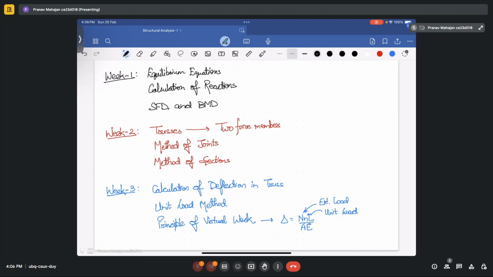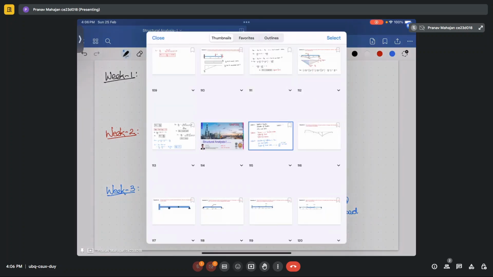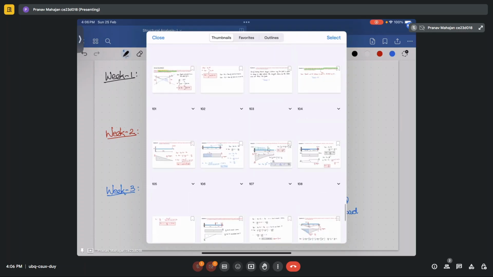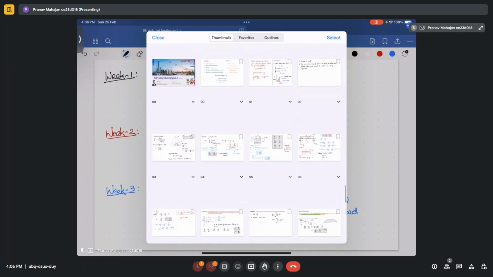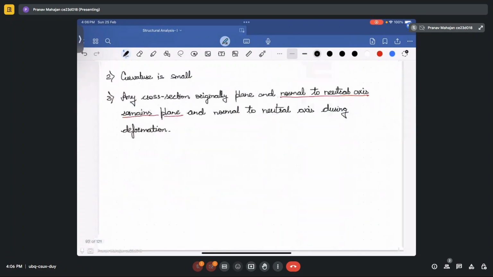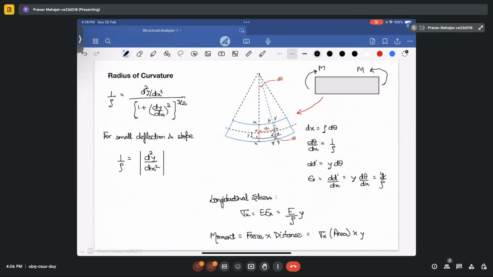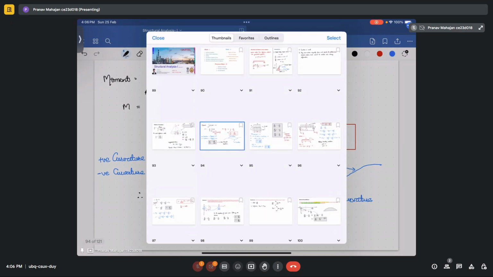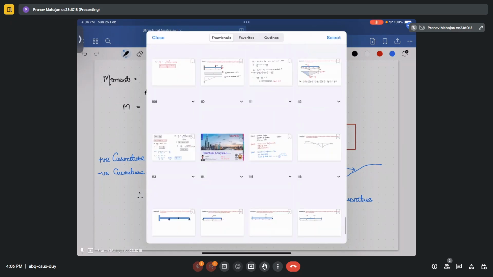In week four, we have determined the deflections. So we have used the equation of elastic curve to determine the slope and deflection at any point using moment area method. This is what we have done in the previous week.